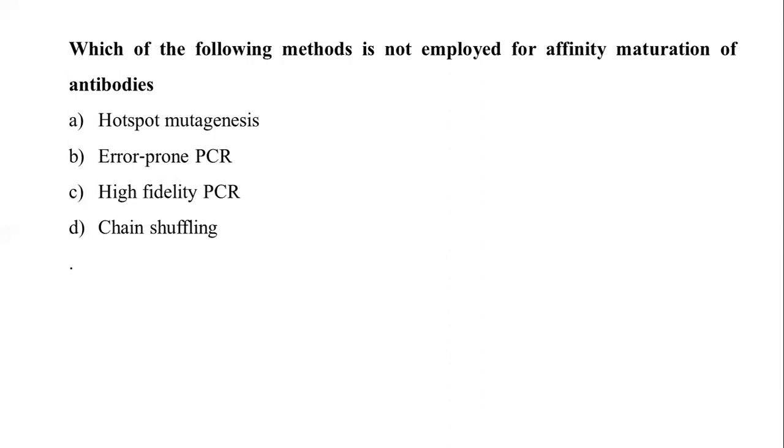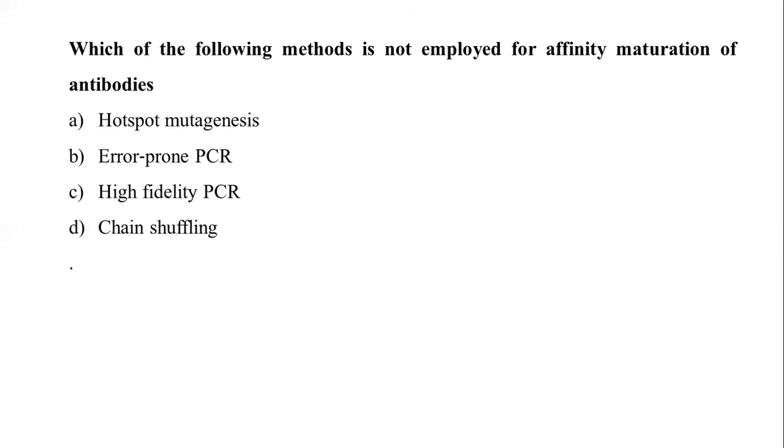The next question is, which of the following methods is not employed for affinity maturation of antibodies? Affinity maturation is basically a process where the immune system generates antibodies of higher affinity during a response to antigen. It is unique in being the only evolutionary mechanism known to operate on a molecule in the organism's own body. The in vitro affinity maturation has successfully been used to optimize antibodies, antibody fragments, and other peptide molecules, like antibody mimics.